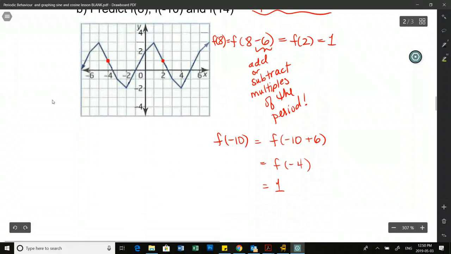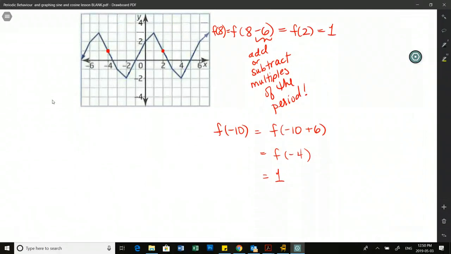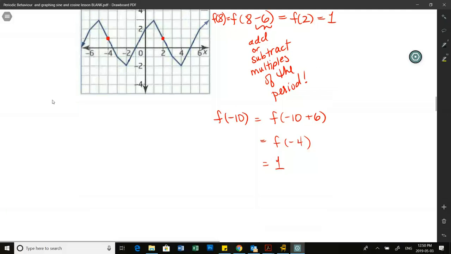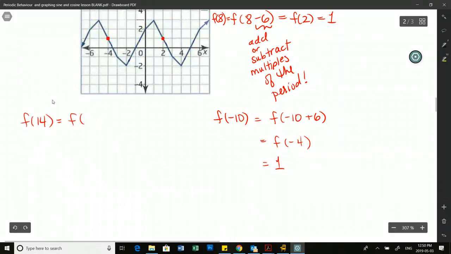Okay, and then f at 14. If I subtract 6 once from 14, I'm actually getting f at 8, which we calculated earlier, but I could also subtract 12 from 14 because it's a multiple of my period. So any multiple of my period should work. So f at 14 should be equal to 14 minus 6 and also 14 minus 12, 14 minus 18, and so on. So any multiple of 6.